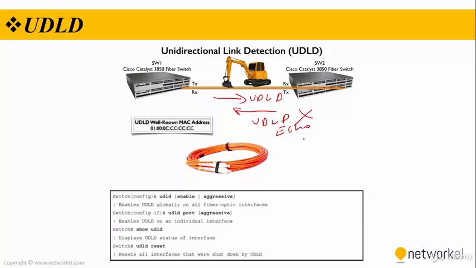UDLD works in two modes, and they are normal mode and aggressive mode. In the normal mode, UDLD identifies a problem, marks the problematic interface as being in an undetermined state, and generates a syslog message about it.